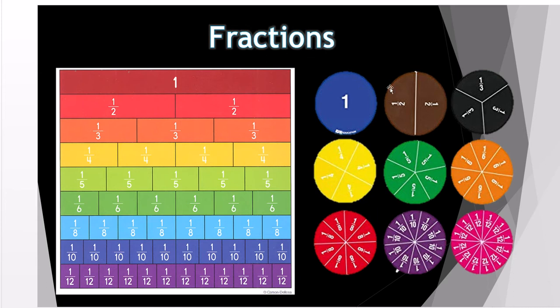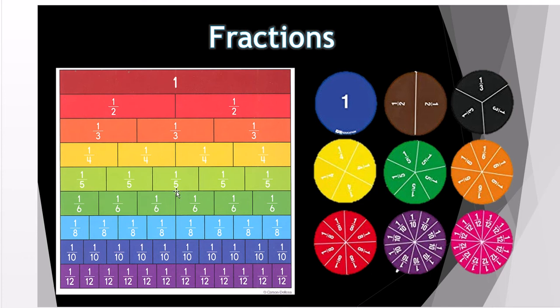So fractions, ooh la la, fractions have a whole, and what that means is that there's parts and there's a whole. This one is a linear model, and this is an area model. With these tiles, we can see that this one is a whole, and these are the parts of a whole.